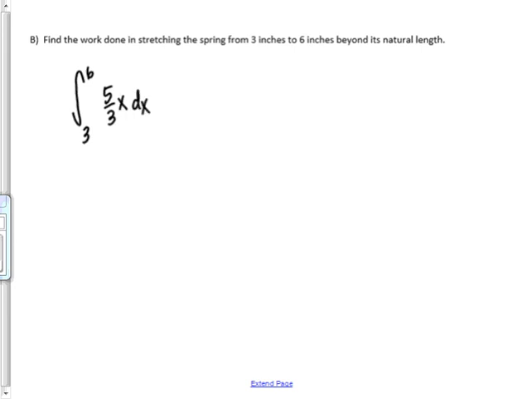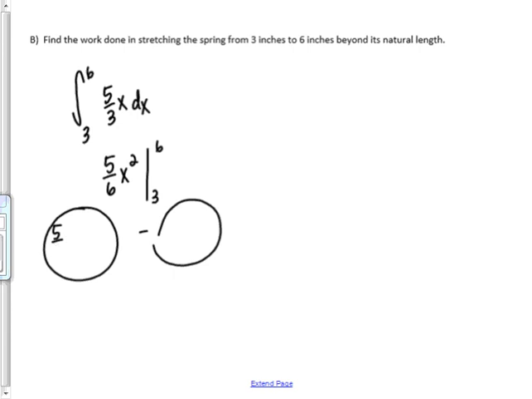We know it's 5/6 X squared, and this time I'm going from 3 to 6. I'm going to skip some of this work because you guys know what to do here, and save time by going straight to the answer. When you plug it in and do the math, I got 22.5 inch-pounds.